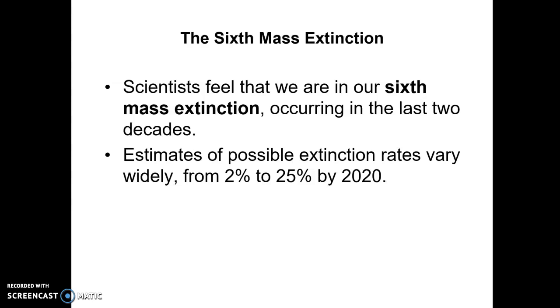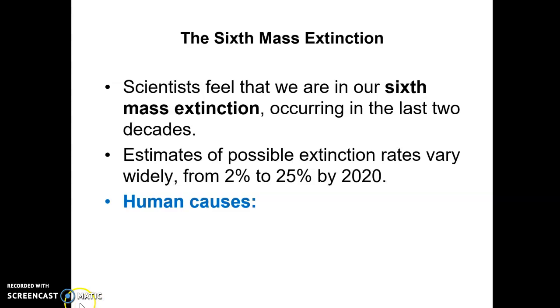Also, extinction rates may vary whether you're studying, let's say, a snail or a bird or a fish, a vertebrate versus an invertebrate. They may not all be occurring at the same rate. But there certainly are examples that we know just in the past century of where organisms did become extinct as a result of human activity.